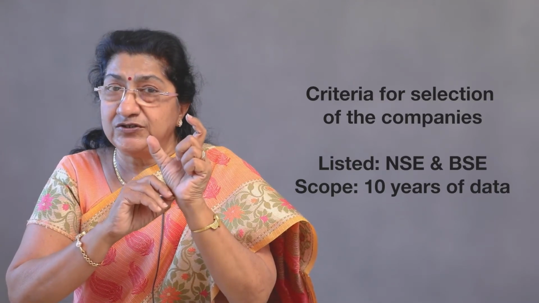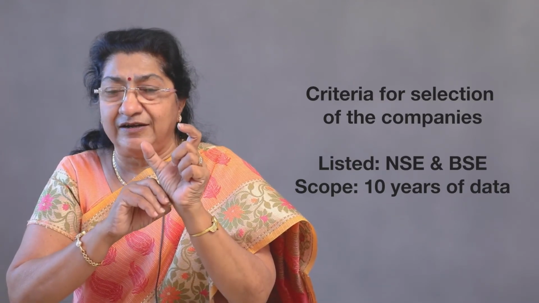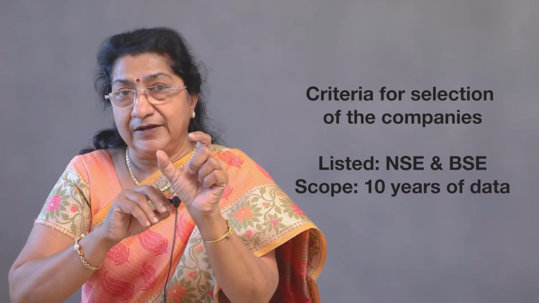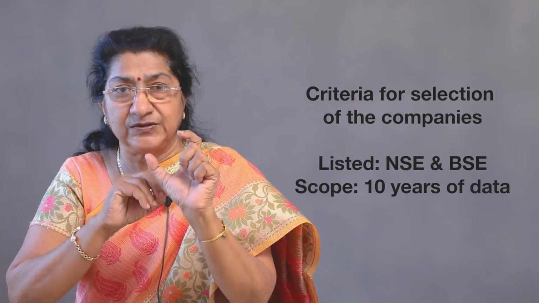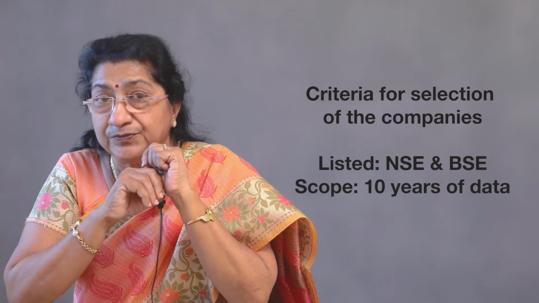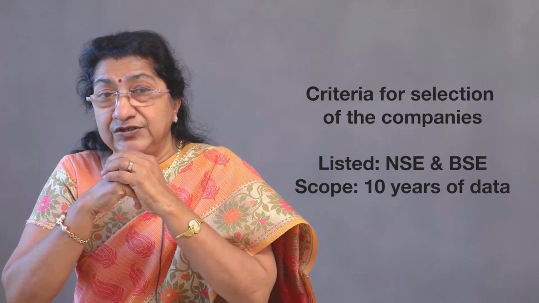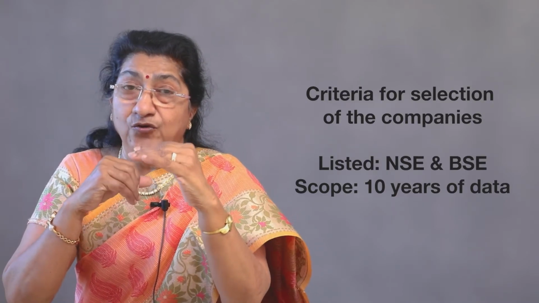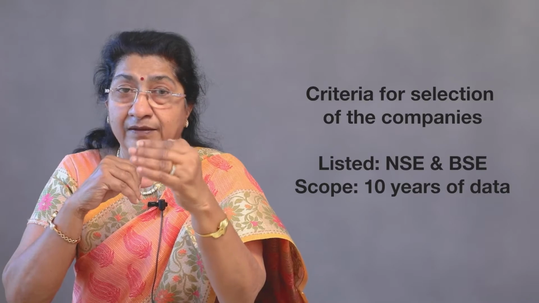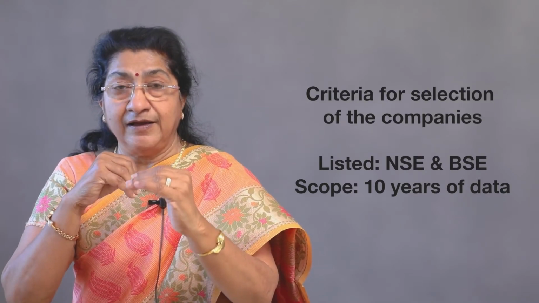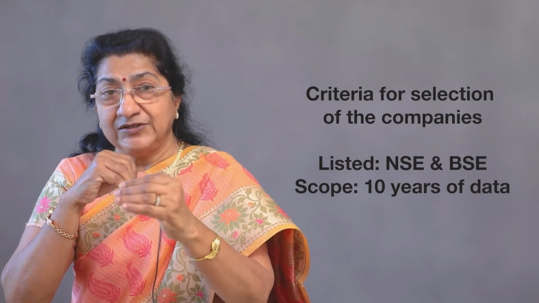So, your first selection criterion is listing in both exchanges. Now, suppose 20 companies are listed in both exchanges, then what to do? Then you fix another criterion, that may be sales, turnover, profit.